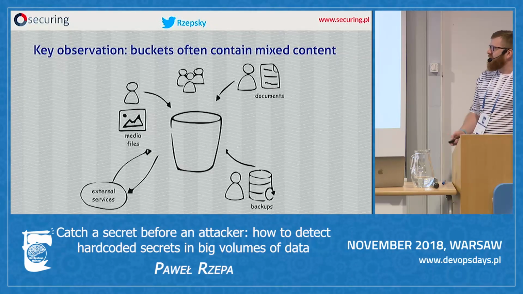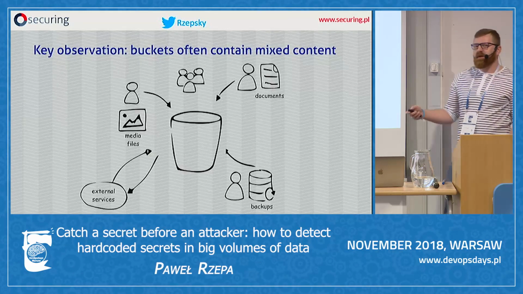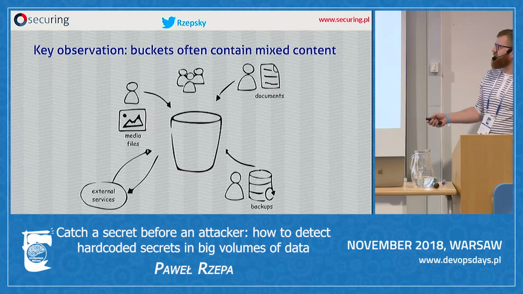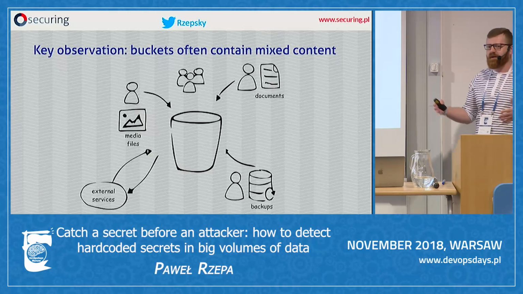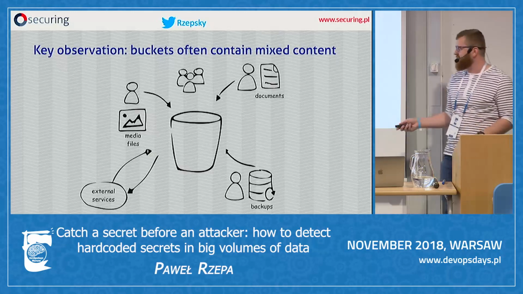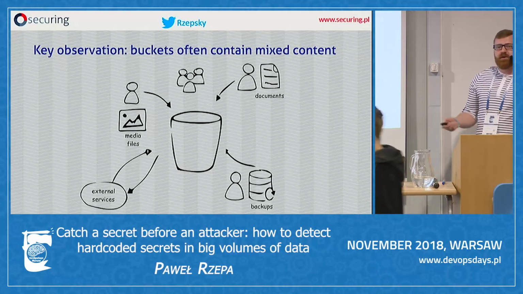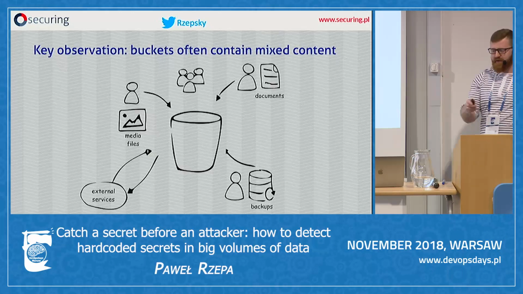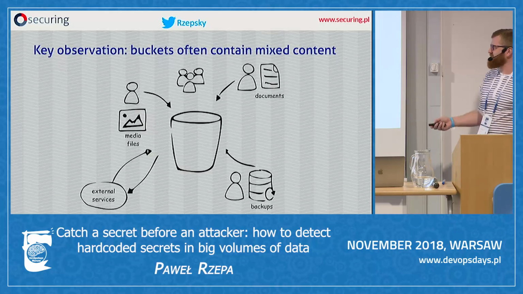So this is the big no-no for DevOps who put all the data in one bucket. It should be segregated, and then it can of course be much better managed when you know what you are storing.